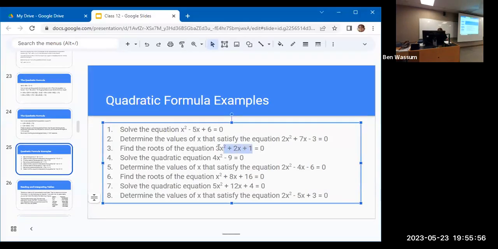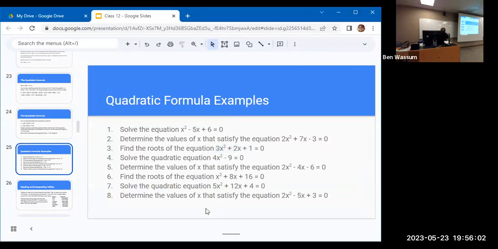Oh no, that's an interesting one. Number 3 says find the roots of the equation 3x squared plus 2x plus 1 equals 0.